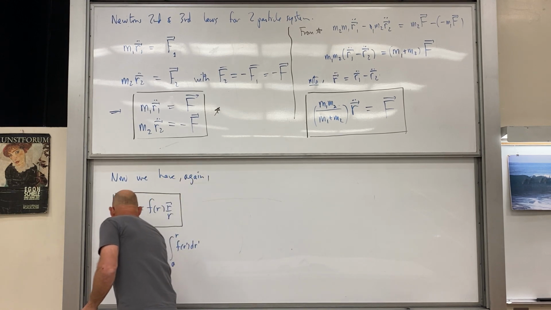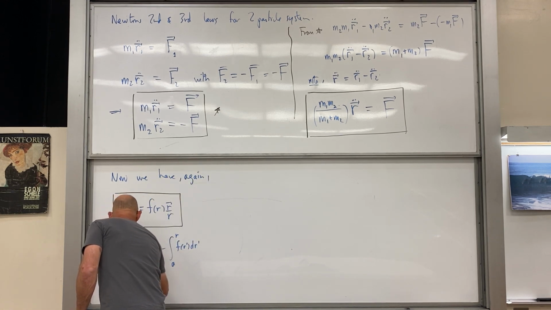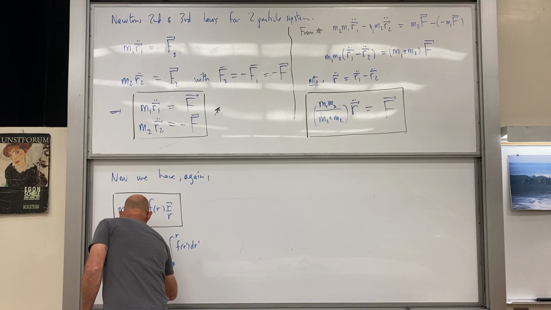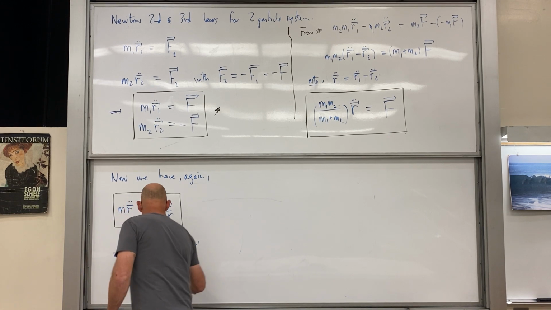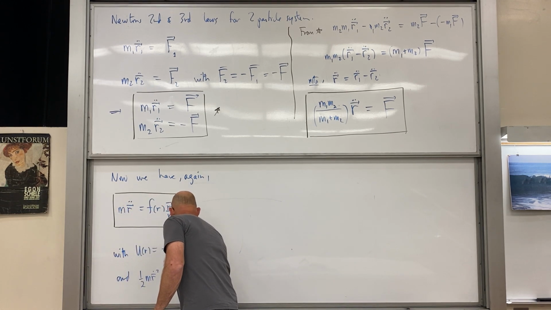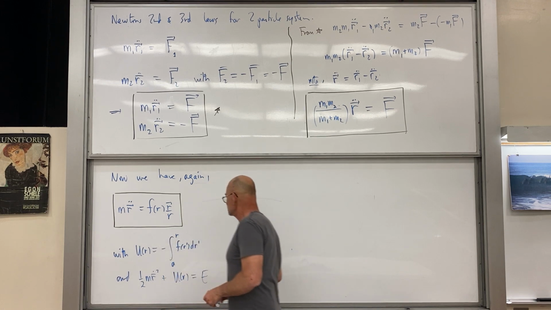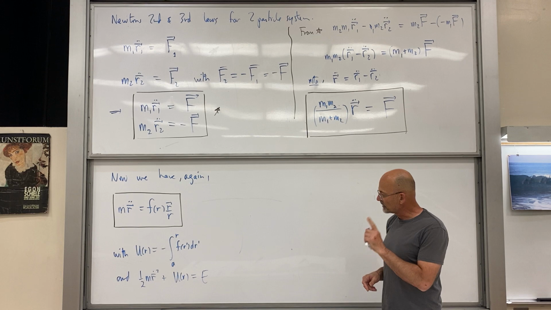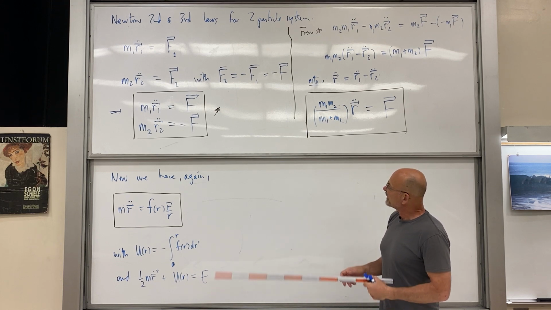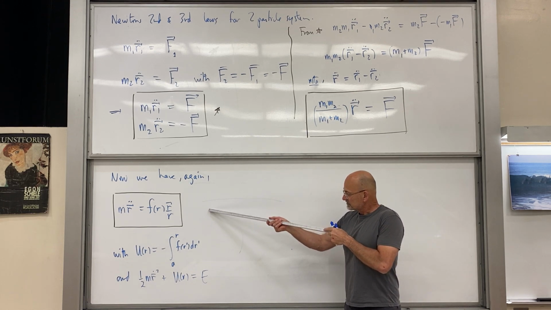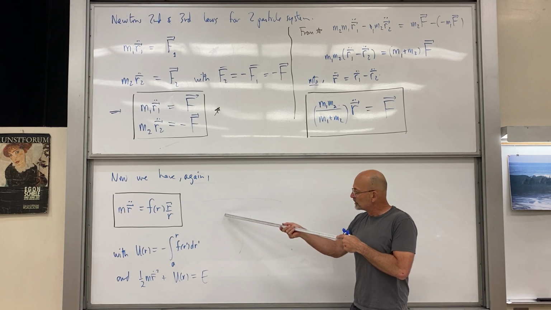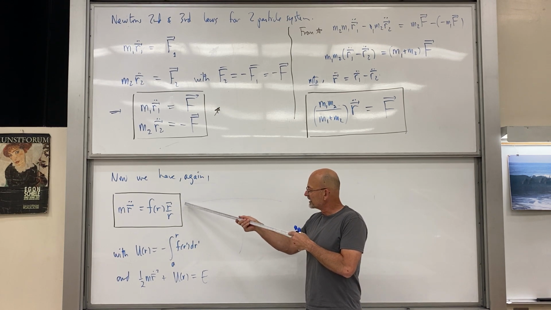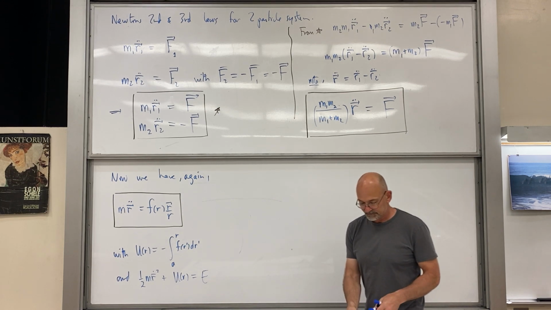So I'll write one half m r dot squared plus U of r is equal to E. So that's the one conservation law. There's another conservation law in the central force formalism that we have to get to before we can begin solving this problem systematically.